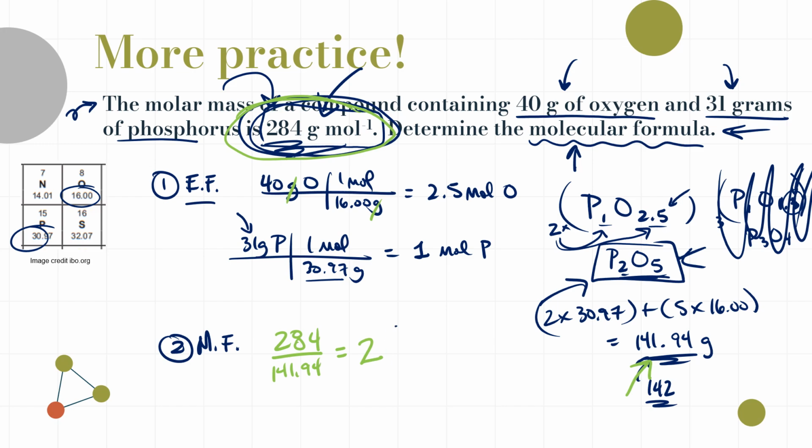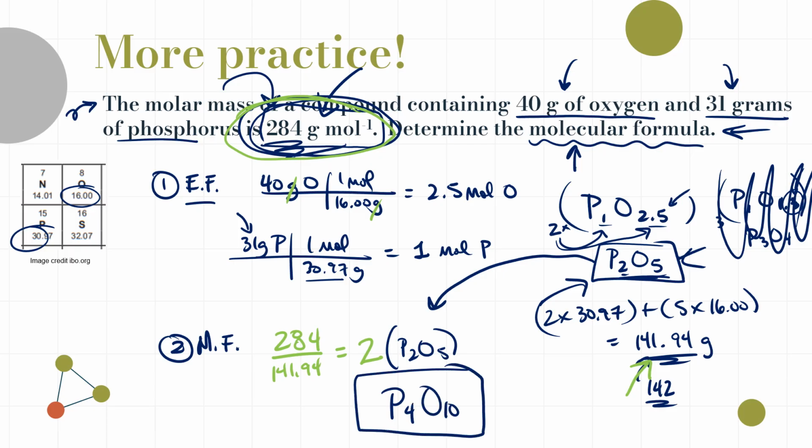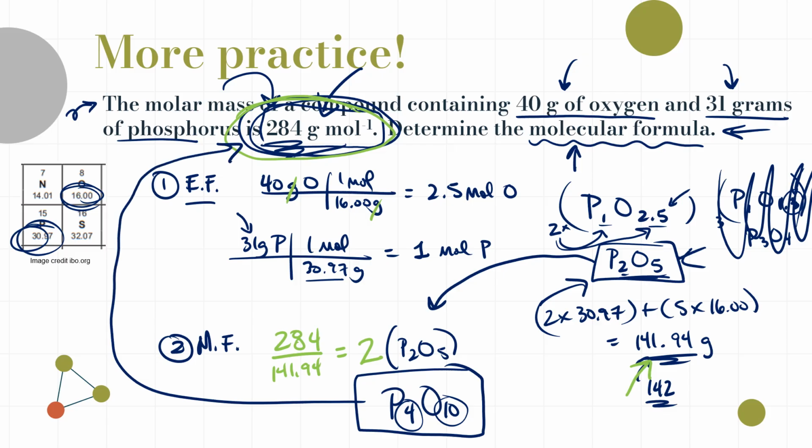We're going to take 2 and we're going to multiply our empirical formula by the scale factor of 2. And we're going to get a final answer of P4O10. P4O10 is our final molecular formula. And we could go back and do 4 times 30.97 plus 10 times 16.00 to make sure that that formula's molecular mass does in fact match 284.